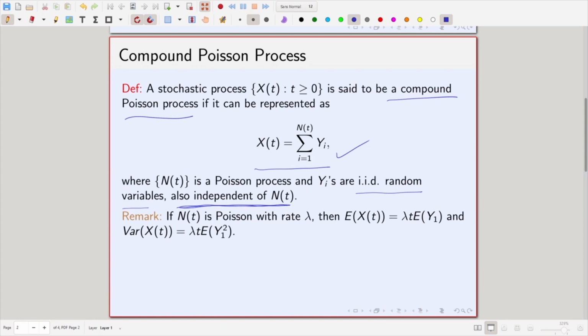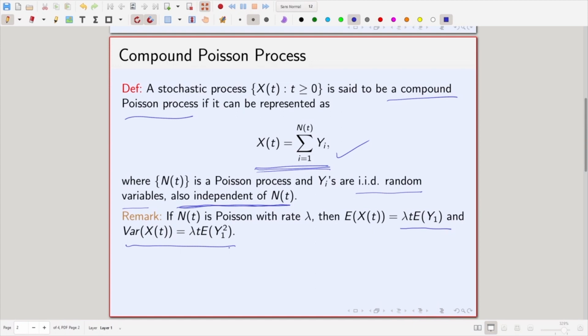Now, a remark. If N_t is Poisson with rate lambda, then for X_t of this form, in other words a compound Poisson process, the expectation of X_t is given by lambda t times expectation of Y_1, and the variance of X_t is given by lambda t times expectation of Y_1 squared.